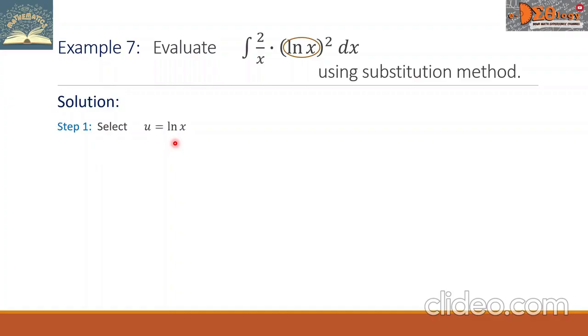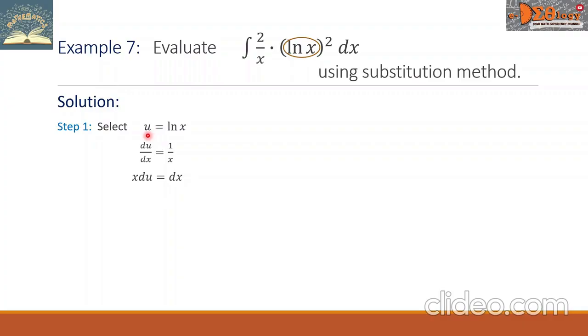Then we take the derivative. du over dx equals the derivative of ln x, which is 1 over x. And here we want the dx. We cross multiply. dx multiplied to 1 and this x multiplied to du. So dx equals x times du.